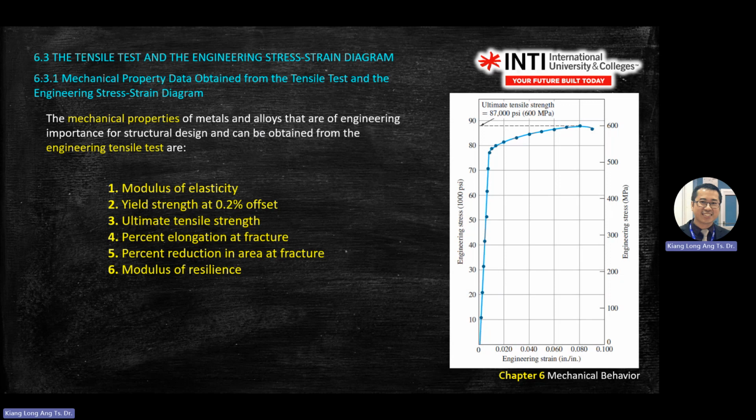Ultimate tensile strength, already explained. The third item, UTS, is the maximum dot on the graph, or the maximum point of the graph. How to find the maximum point by mathematics? At a curve, you learn about dy/dx. If you plot the experiment, you can fit a trend line and get ax squared plus bx plus c.